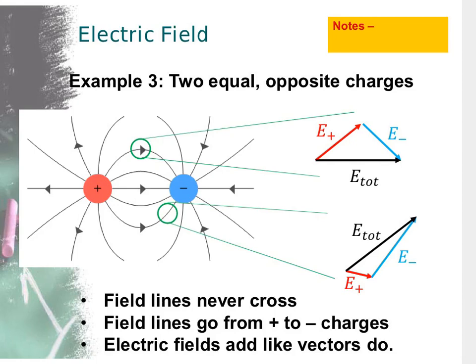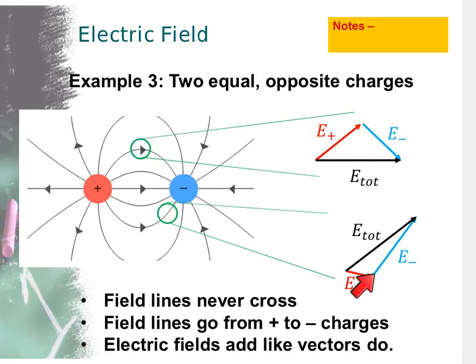And just to demonstrate that principle one more time, let's say that we are looking at this little spot and we're figuring out what its electric field is. Well, we would take the electric field of the positive charge. Now, because it's far away from the positive charge, we don't have a very long vector here because its magnitude is going to be small because the electric field is weak.